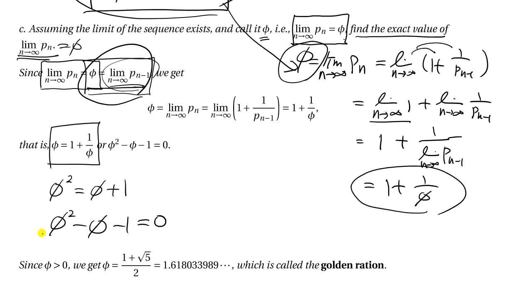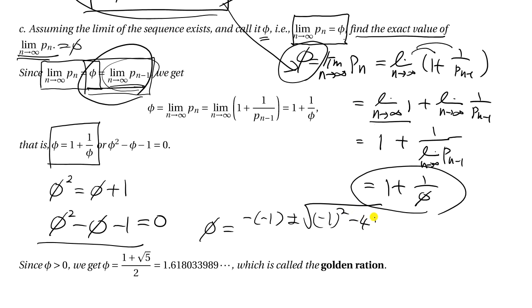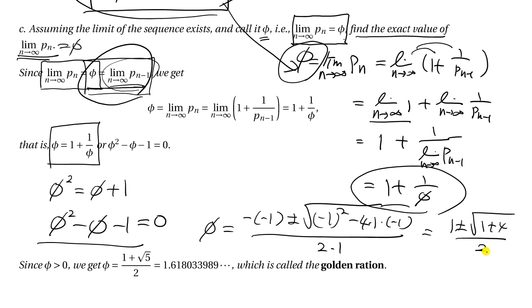Then by the quadratic formula, phi is negative b plus or minus the square root of b squared minus 4ac over 2a, right? So it's 1 plus or minus the square root of 1 plus 4, over 2, which is 1 plus or minus the square root of 5 over 2.